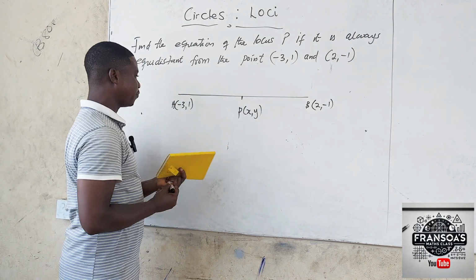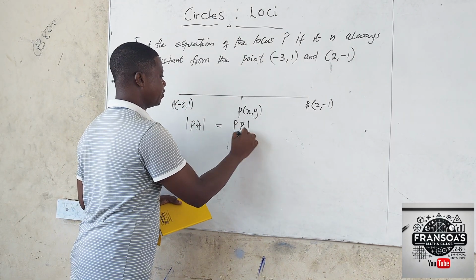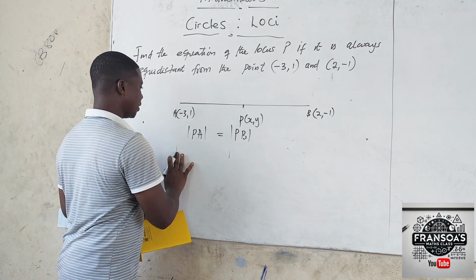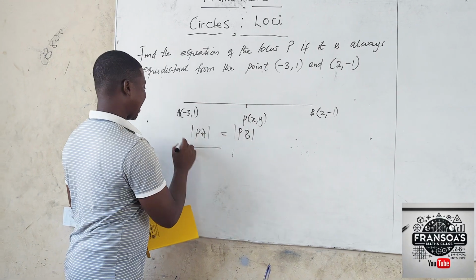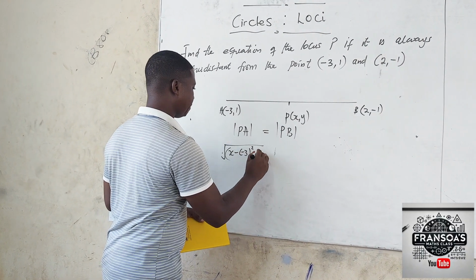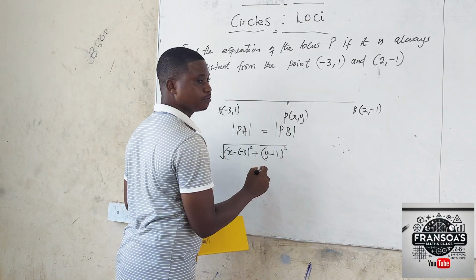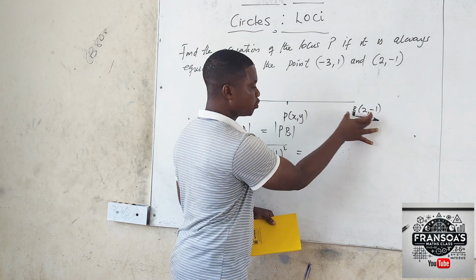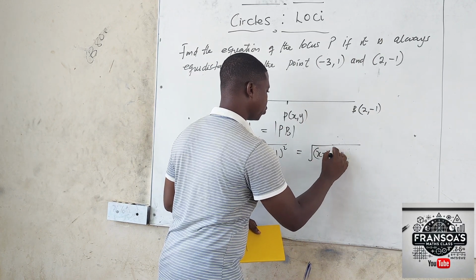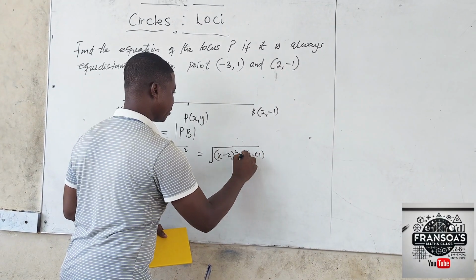To find the distance of PA, we look at this. PA becomes square root of x minus -3 squared plus y minus 1 squared, which should be equal to the distance PB, which is square root of x minus 2 squared plus y minus -1 squared.